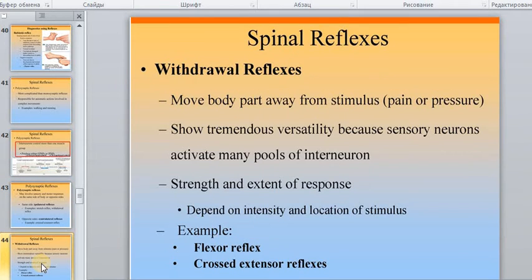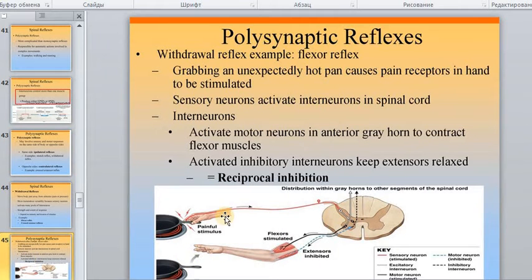For example, the withdrawal reflex, first a simple polysynaptic reflex. Here we must see the work of the antagonist muscle. To contract one muscle, we must relax the other. And we see here this reflex arc and withdrawal reflex example, the flexor reflex. Grabbing an unexpectedly hot object causes pain receptors in the hand to be stimulated.